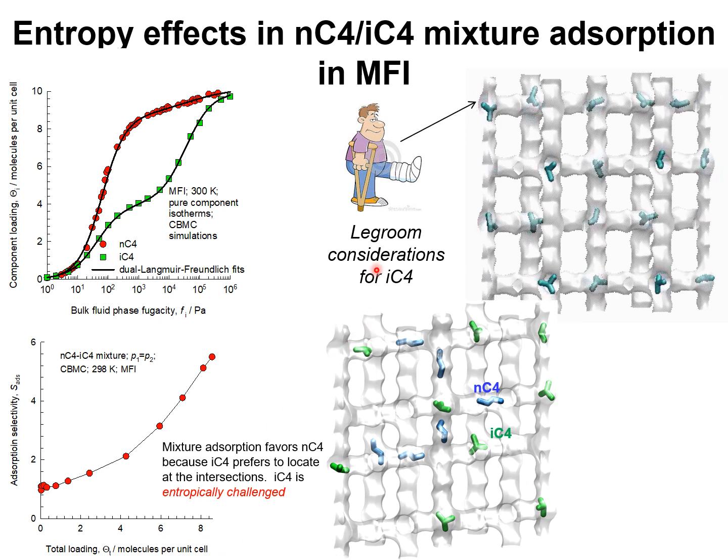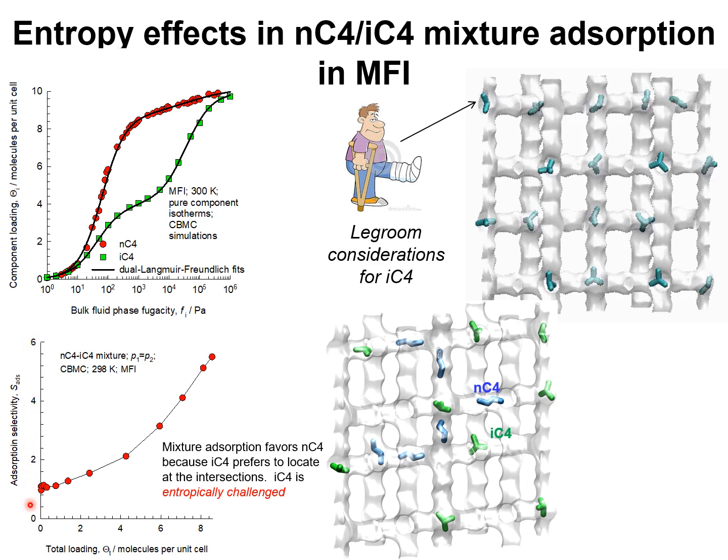So isobutane has a configurational penalty because it has preferential sites at the intersection points. Normal butane can locate freely along the zigzag channels or along the straight channels.